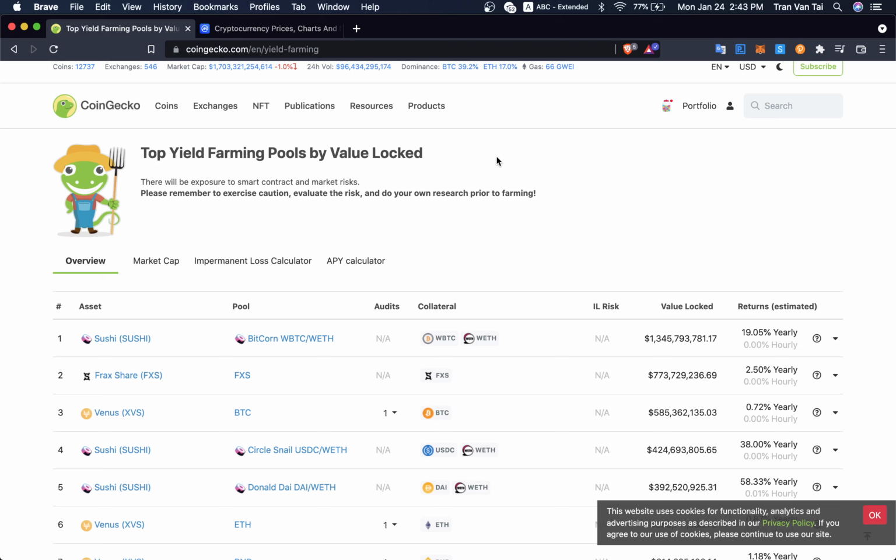Please know that risk before you farm in any pool on the exchange.